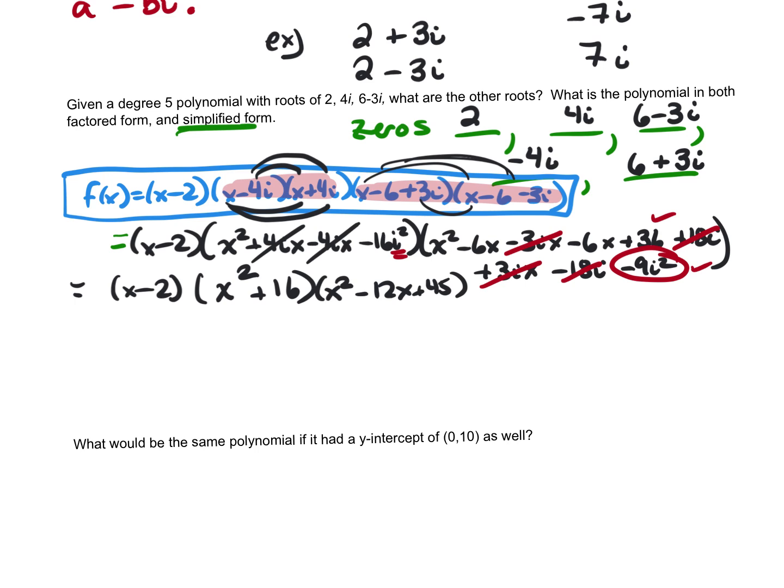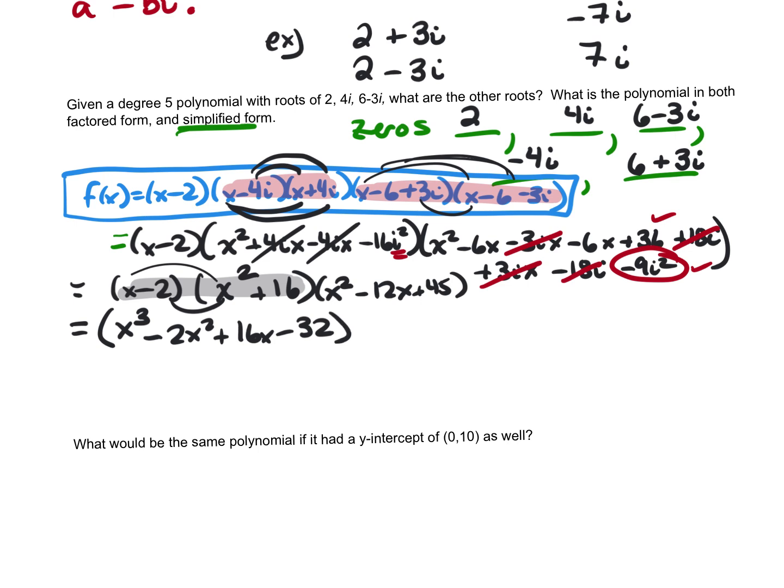Now all the i's are gone, but if I wanted in simplified form, I could keep foiling it and distributing. So I think the easiest way is I'll just multiply these two together next. And you start to see why we don't want to do this on a test or something. X times x is x squared, minus 2x squared plus 16x minus 32.